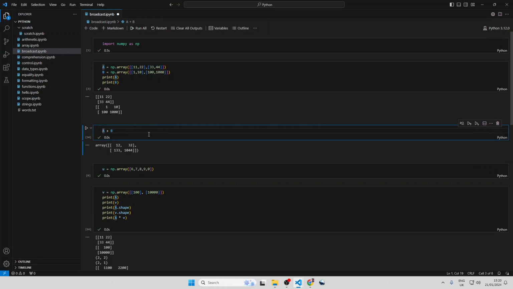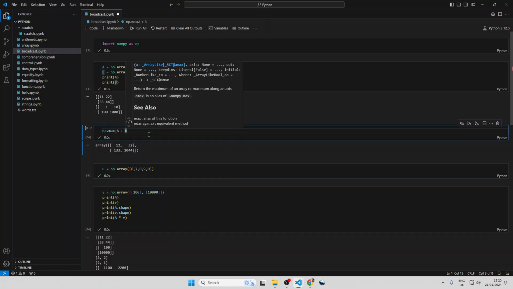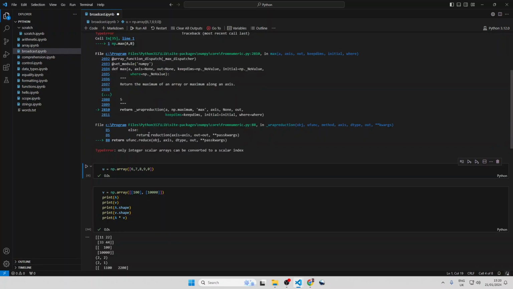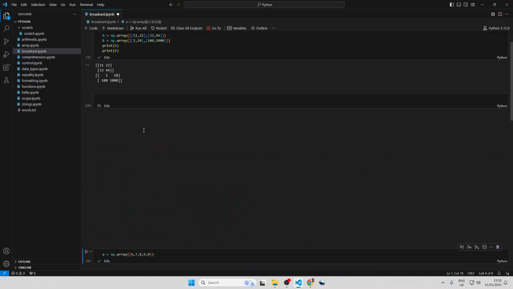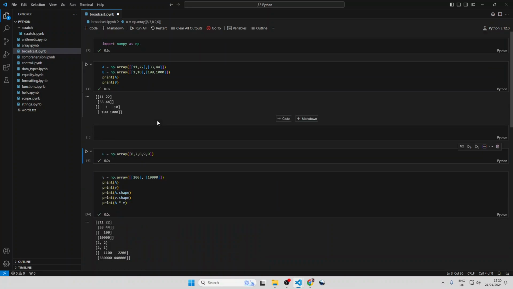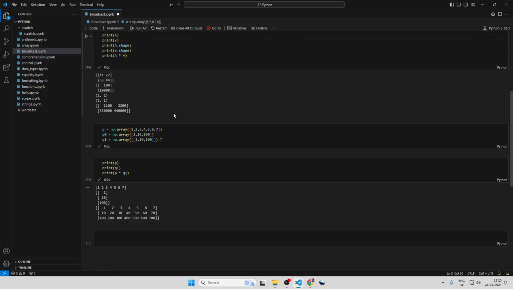We could also try np.max of A and B, the maximum of A and B. No, that's not going to quite work as you need. Let's just ignore that example. There's a bit more of a story there that we'll discuss later.